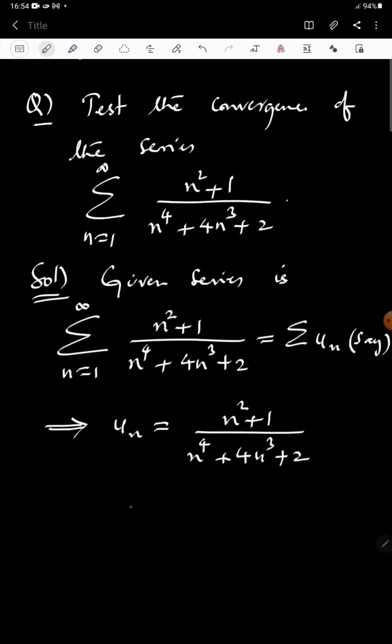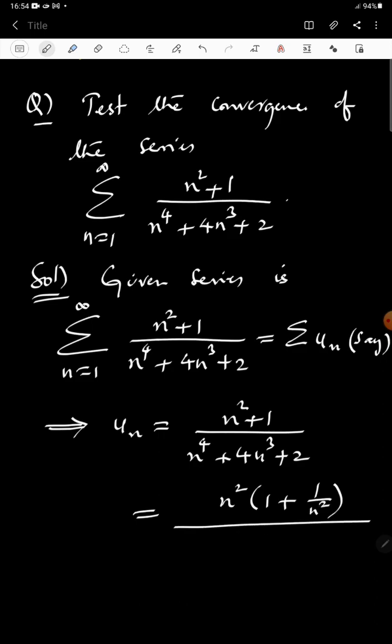Now the basic fundamental behind this method is, from this un we will try to prepare a vn for which we know the nature. What we do is, the highest power from the numerator I am taking common, and in the denominator again I take the highest power common.